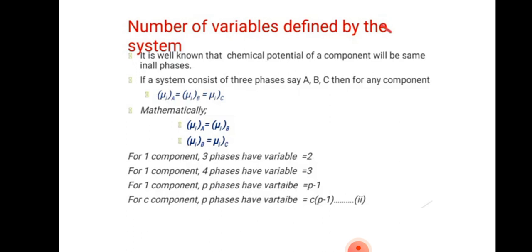According to thermodynamics, the chemical potential mu of a component is the same in all phases when the system is in equilibrium.